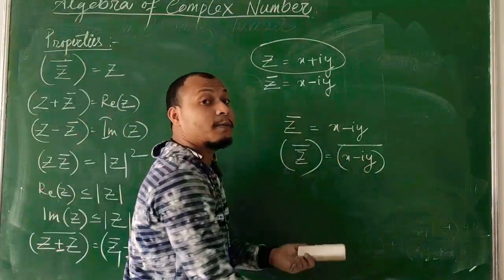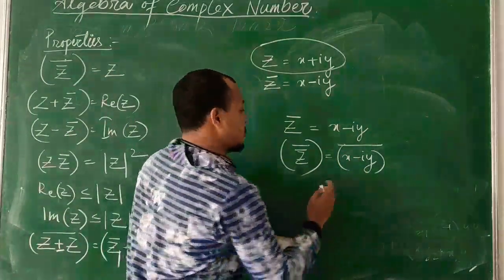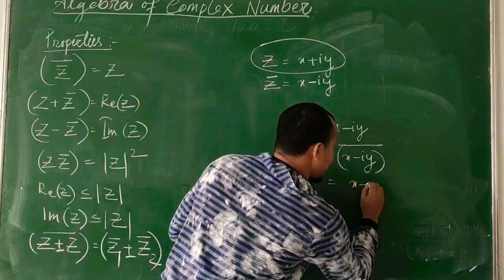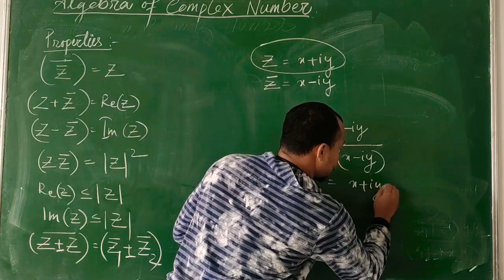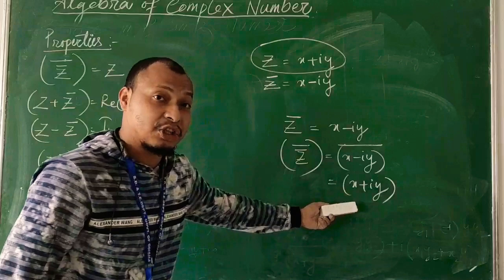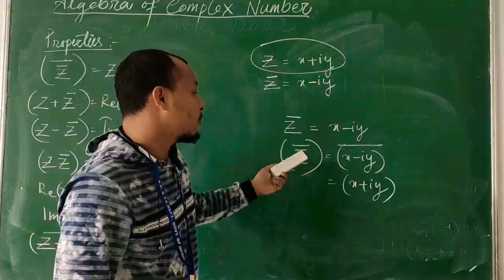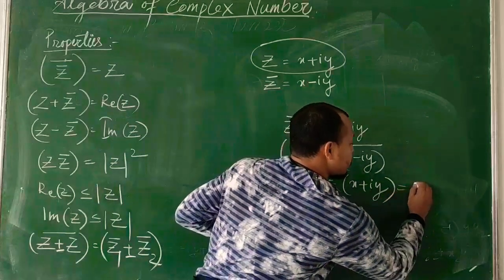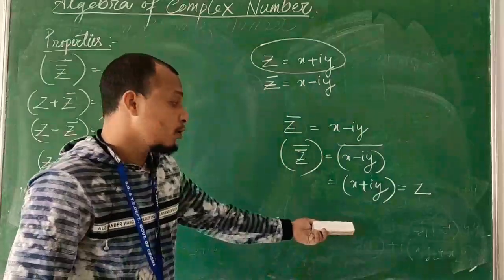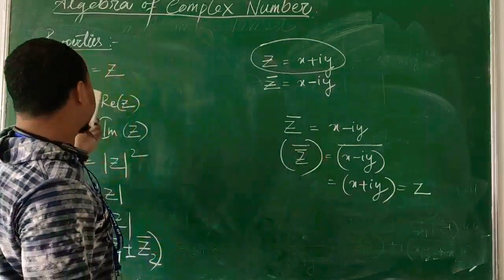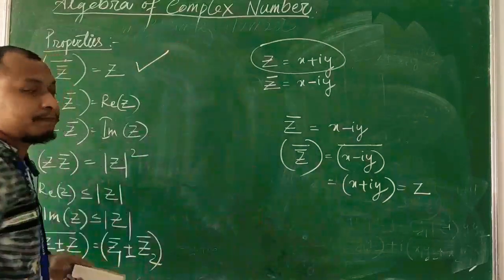Instead of this minus, it will become minus minus plus. This is nothing but our original z. So the conjugate of the conjugate of z is equal to z. We have proved this property, so you are done with this one.